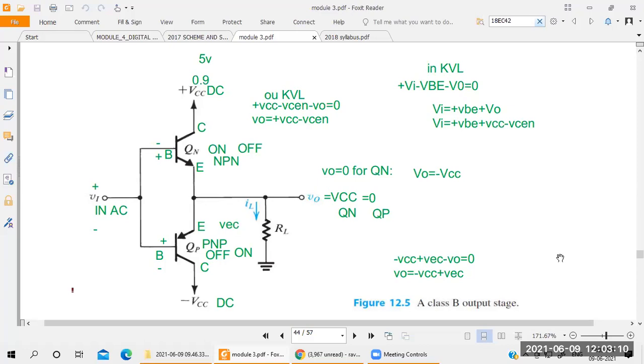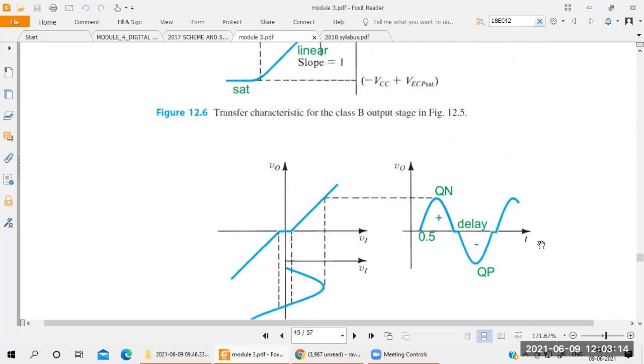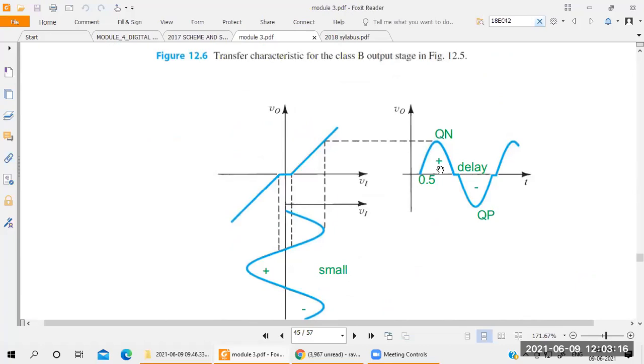The main drawback is what here? We'll get a crossover distortion. See here, once you get the positive cycle, you'll get a delay. Why are you getting a delay here? Because when there is switching from NPN to PNP, it will take some time. That time you can call a delay.